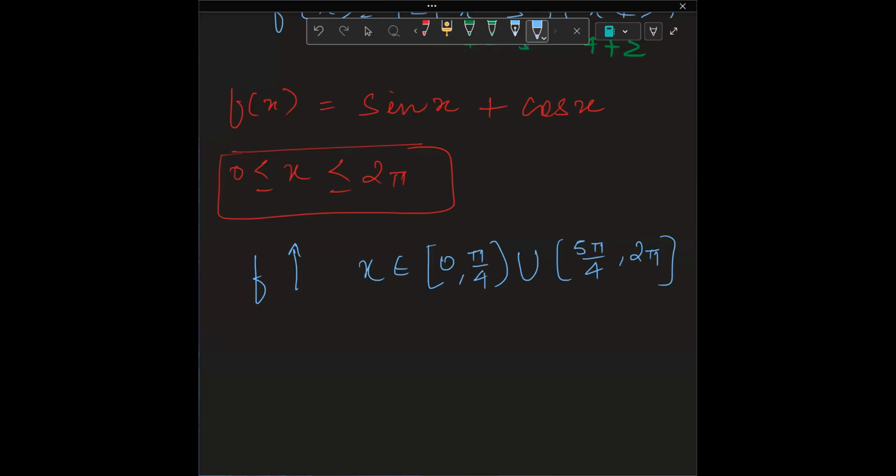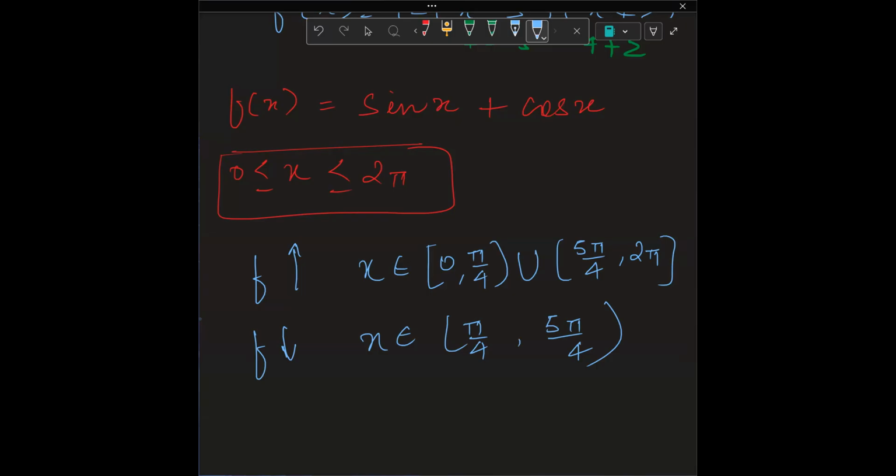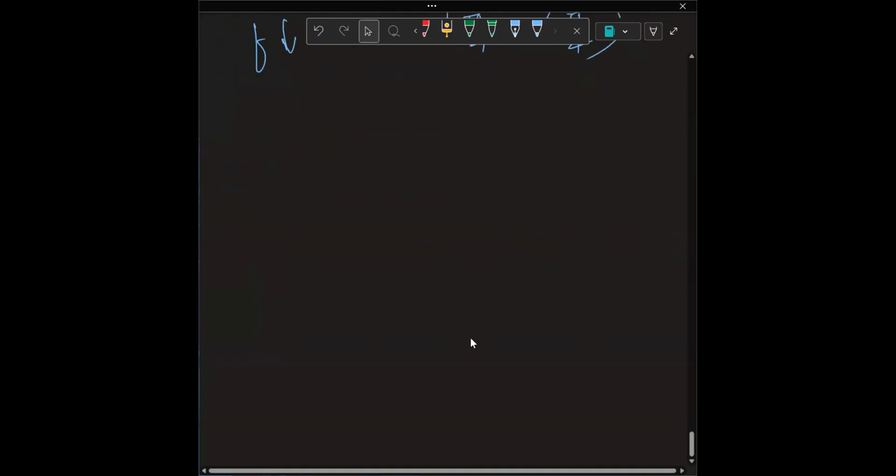And for decreasing, x belongs to the region in between these, that is the decreasing part. Easy? Is it right? Okay.